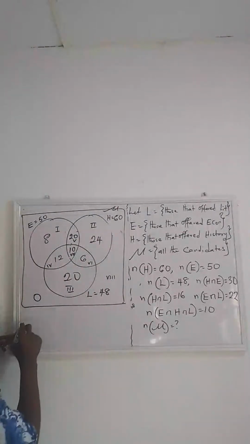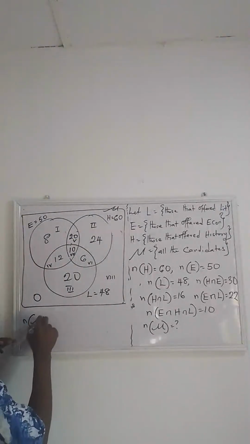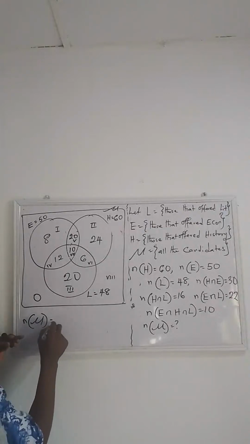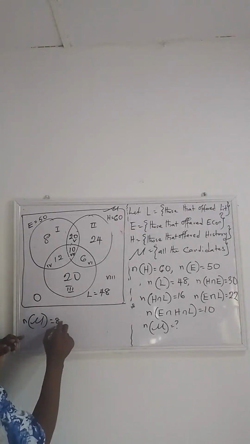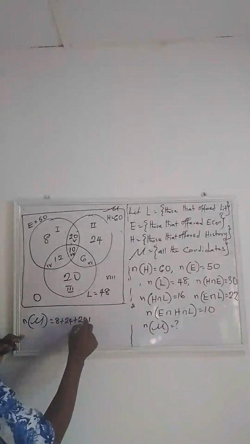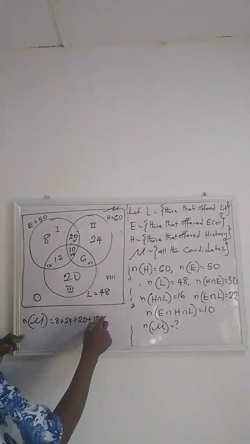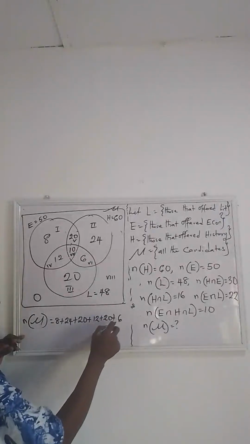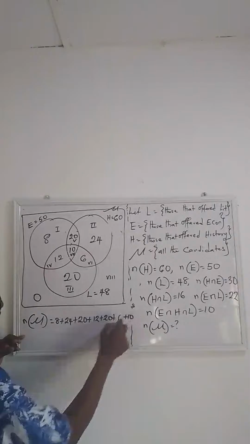So the number of members of the universal set is going to be part 1, which is 8 plus 24 plus 20 plus 12 plus 20 plus 10.